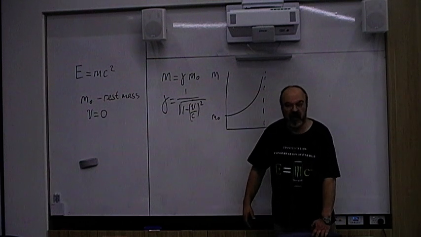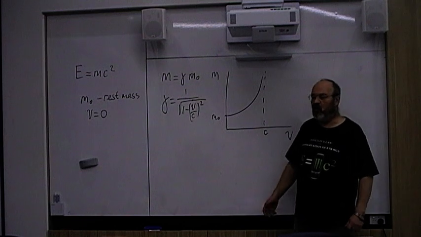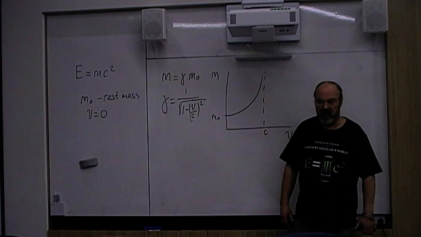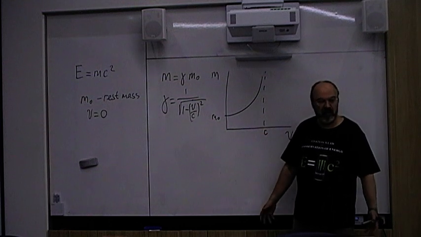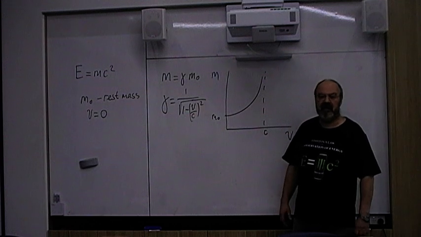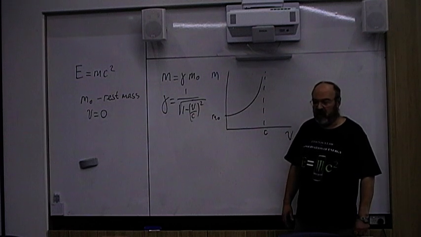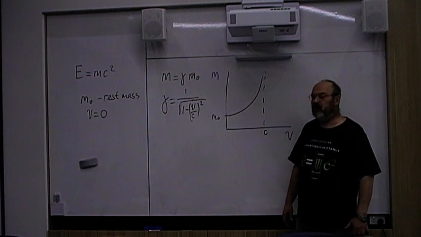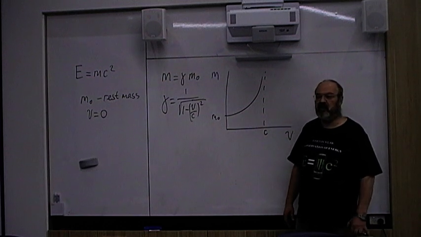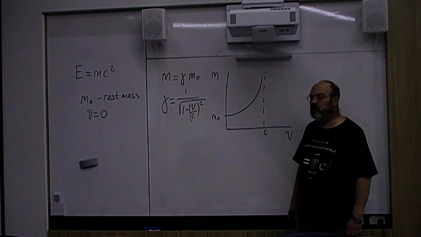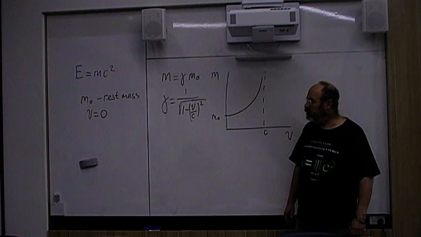So none of the objects that have mass can travel at the speed of light. Light does not have rest mass, so light can travel at the speed of light. Anything that has mass cannot. An object can travel close to the speed of light. We still need to apply a lot of energy to accelerate even an electron to a speed close to the speed of light, but not that much.